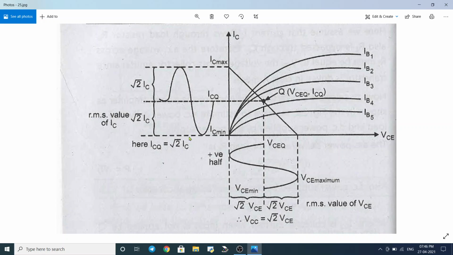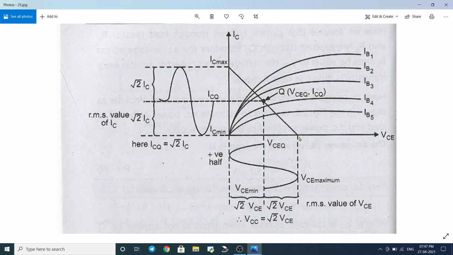Look at this figure. This is the graph for the output IV characteristic of a class A power amplifier. The operating point or Q point is at the center of the load line.